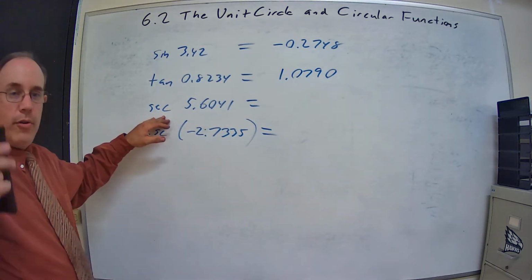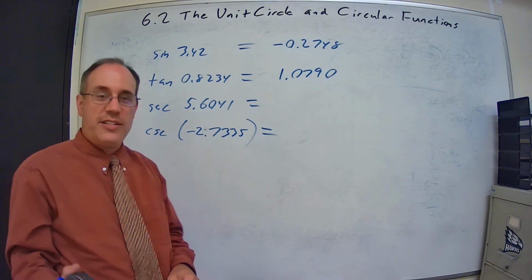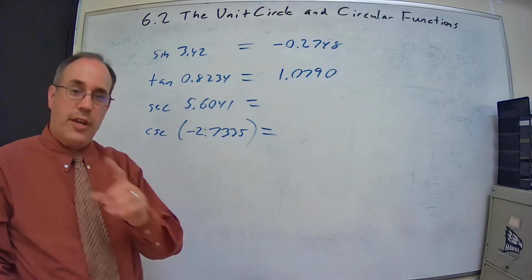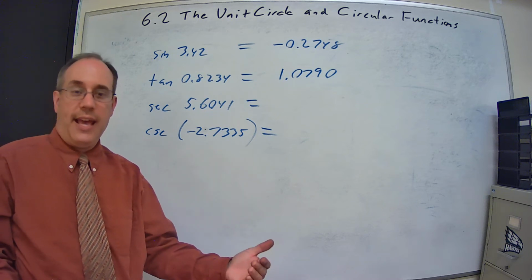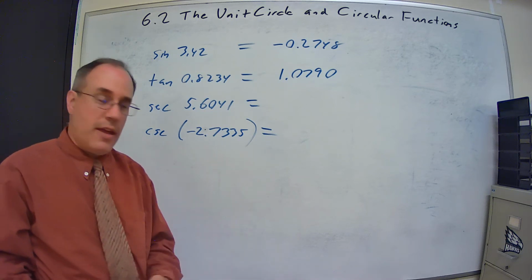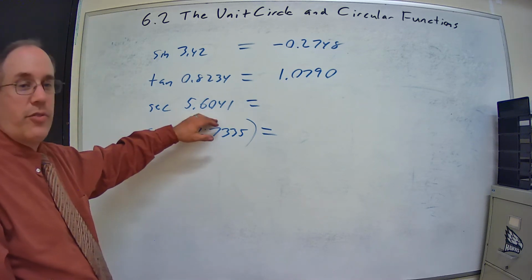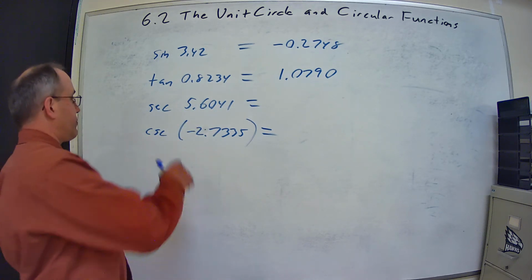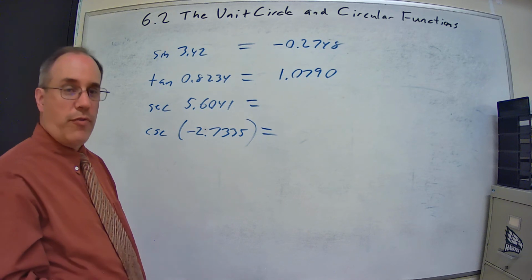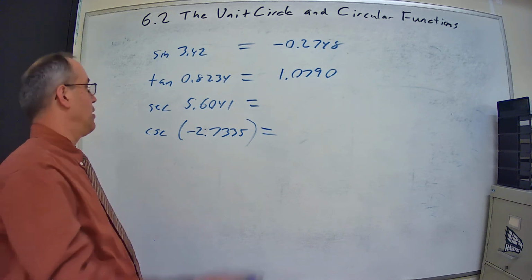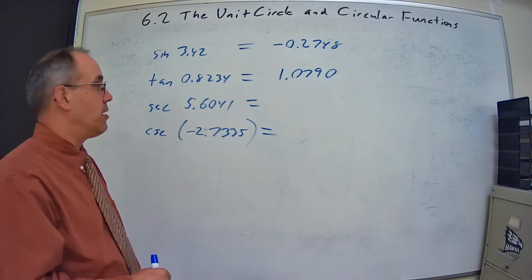Secant, my calculator doesn't have a secant button. Your calculator doesn't have a secant button, but it may have secant in a math menu in there somewhere. If it does, more power to you, take it straight away. But I don't, so I know that secant is the reciprocal function of cosine.